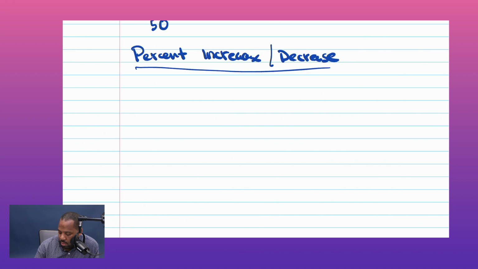All right, let's find percent increase or decrease. To find percent increase or decrease, what we need to do is find our change and put that over our original amount. So, for example, it says in an electronics store, a laptop is marked up from their cost of $1,200 to a selling price of $1,464. What was the percent markup?